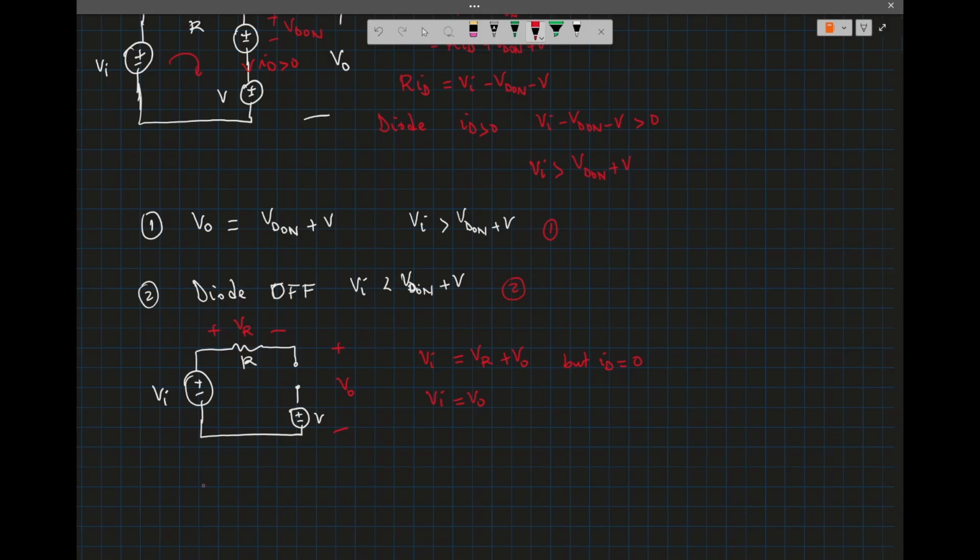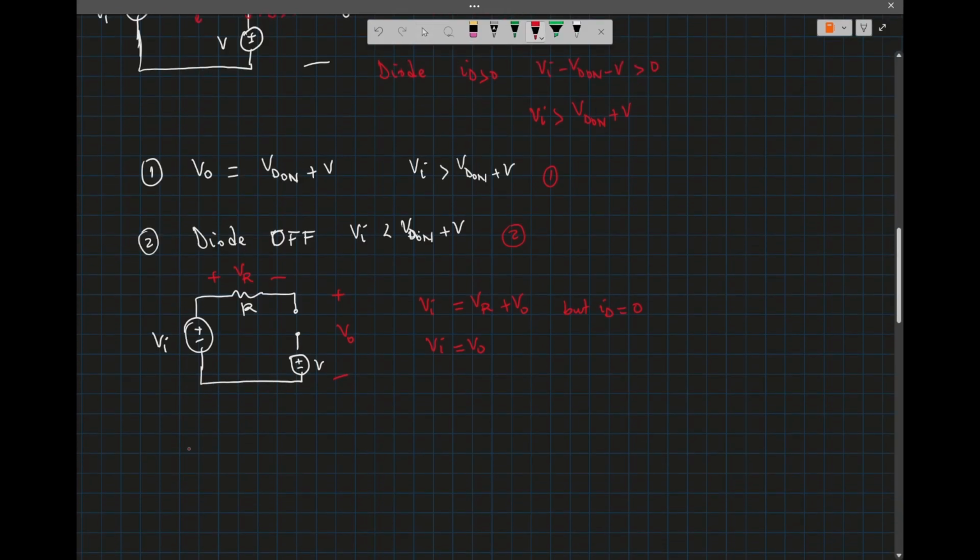So when we put both of these together, what do we have?